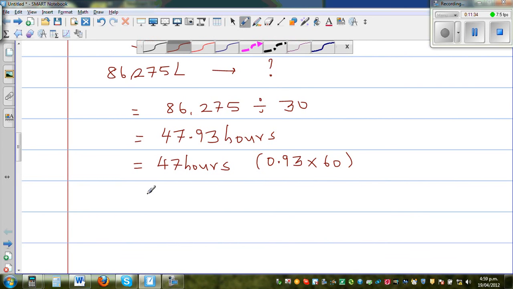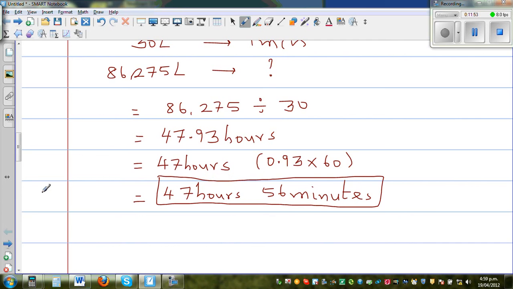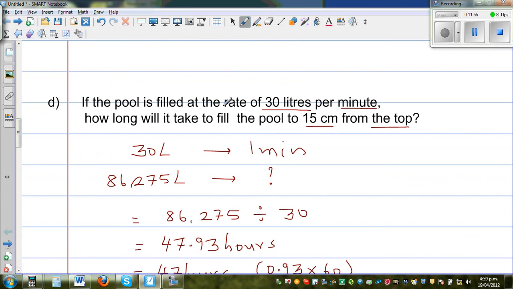So you can say, to be exact, up to a complete minute, it is 47 hours and 56 minutes, exact up to the nearest minute. It takes 47 hours and 56 minutes to fill this tank if the tank is being filled at the rate of 30 liters per minute.